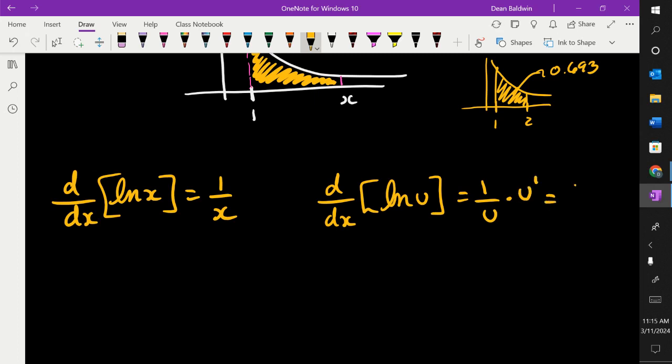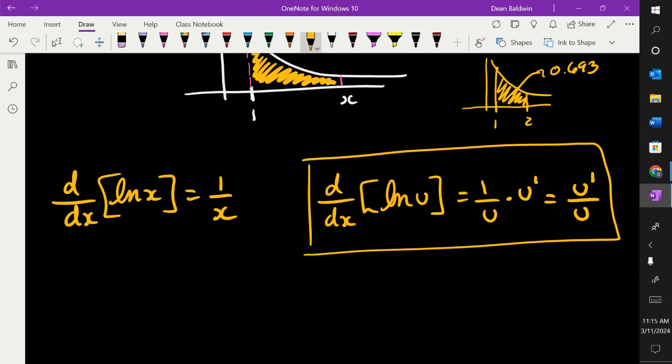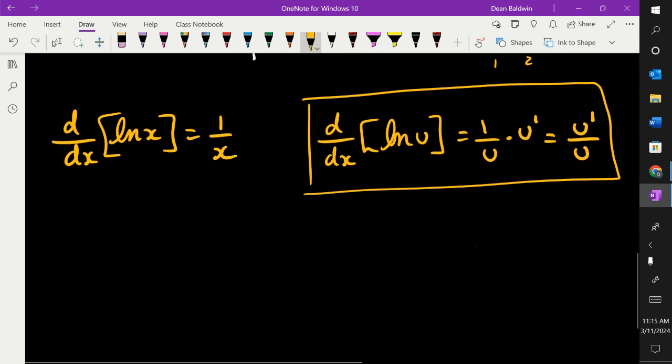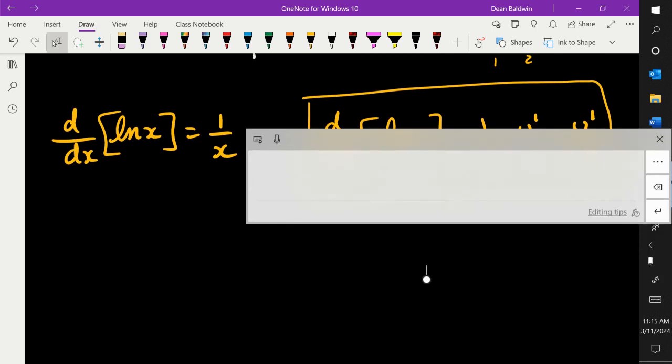So most people think of it this way, u primed over u. This is the one we're going to use most of the time because we're not going to be differentiating natural log of x. We do other, more complex functions. So knowing this, natural log derivatives are actually quite simple.